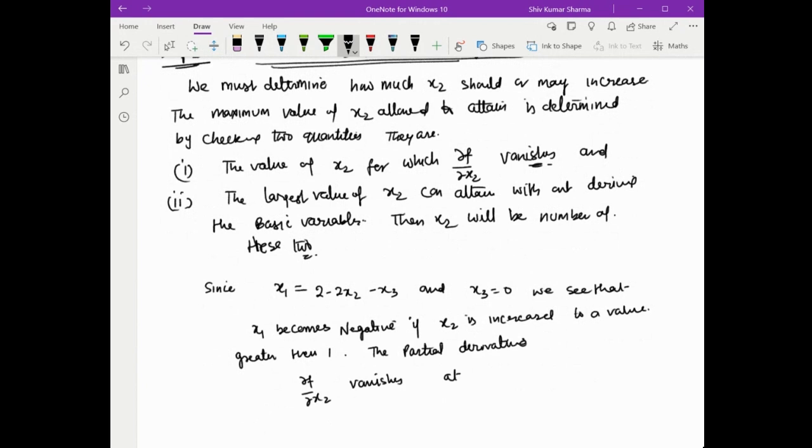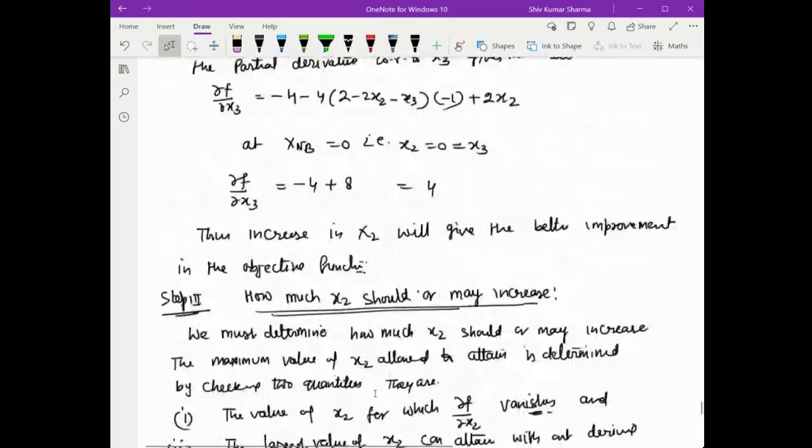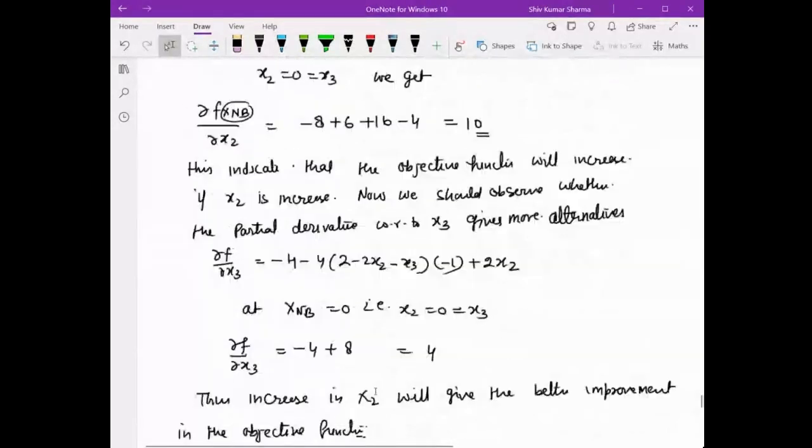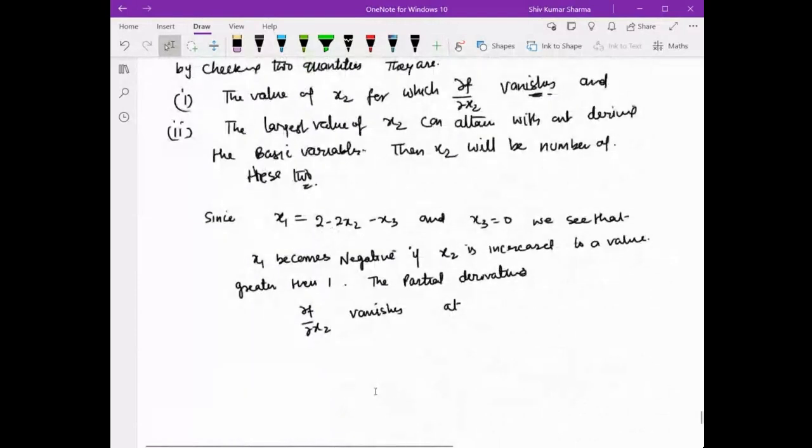What is the value of x2? So del f upon del x2 vanishes. That means we calculate the value of x2, at what value del f upon del x2 vanishes. So we write x2 equal to 5 by 6.